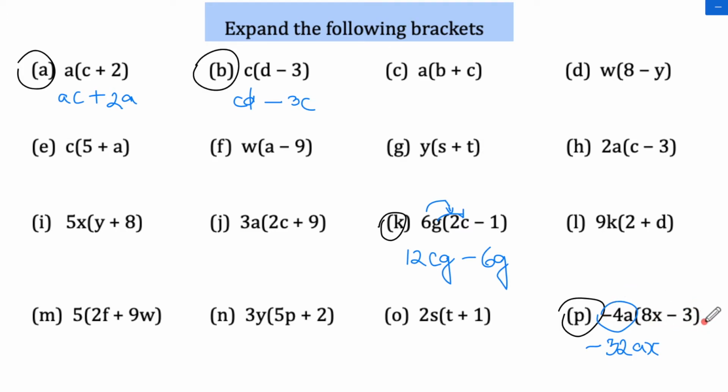When you put two negatives together, you get a positive. Even if you do it in the same sentence, if you say, I am not saying that I am not rich, it means I am rich, but I didn't say I was rich. I said I used two negatives in the same sentence, which actually made you think that I am rich. So that's how we use negatives as well to get a positive in maths. So we're going to get a plus here. 4 times 3 is 12, and we copy the A.